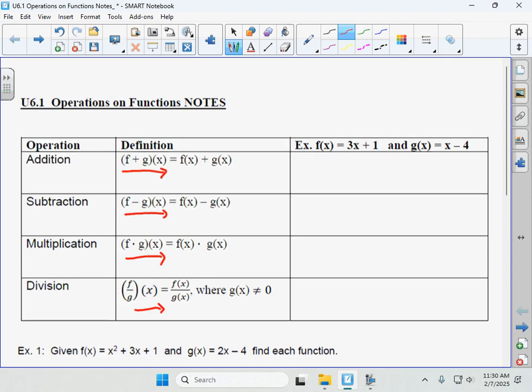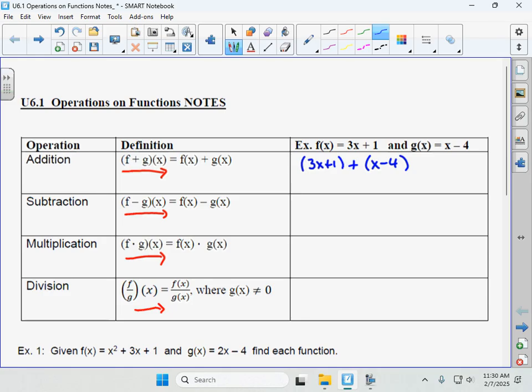So we have these 2 functions. f of x is 3x plus 1, and g of x is x minus 4. And we're going to apply all 4 operations to these functions. All right, so it says take the f of x function and then add the g of x. So that means 3x plus 1 is going to be added to the function x minus 4. Now, with addition, the parentheses is not critical, because you can kind of see these as just 2 polynomials.